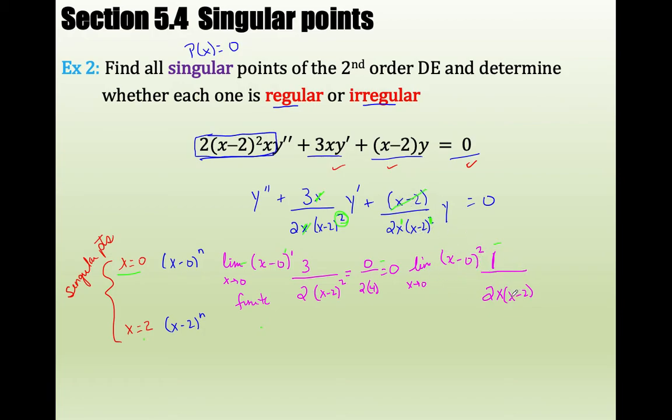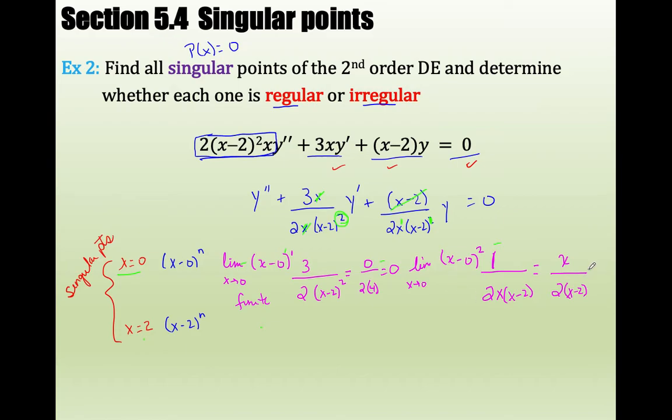Now I'm going to plug in, oh wait, can I cancel something out here? I have 2 x's there, but that's going to cancel with this one here. So I have x on top of 2 times x minus 2.